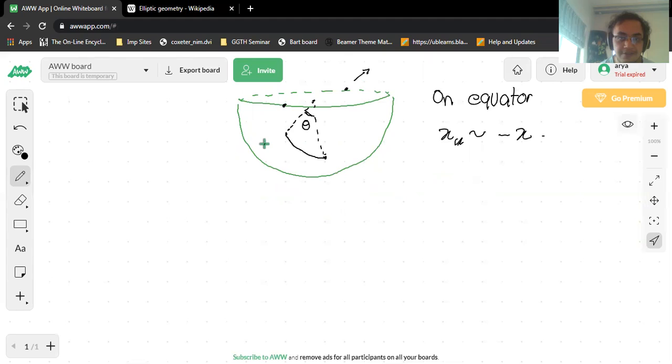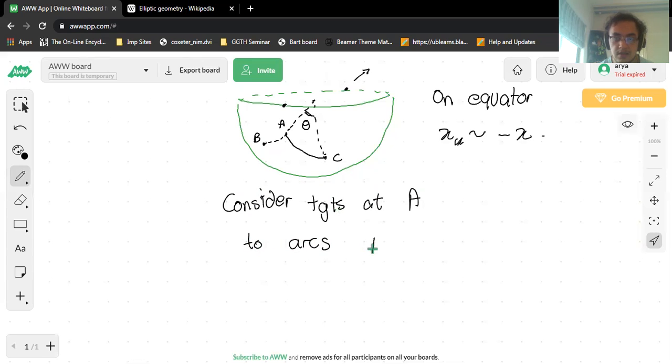If you have three points A, B, C, then the way you compute the measure of angle BAC in spherical geometry is you consider the tangents at A to the arcs AC and AB. These are tangent lines sitting inside R3 at A, and they would have some Euclidean angle.